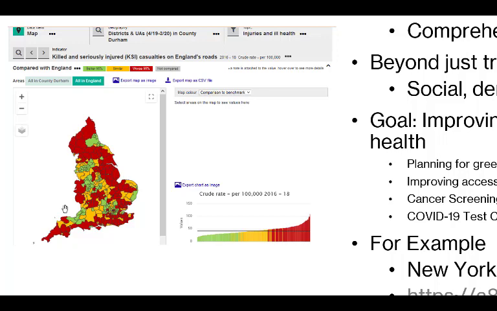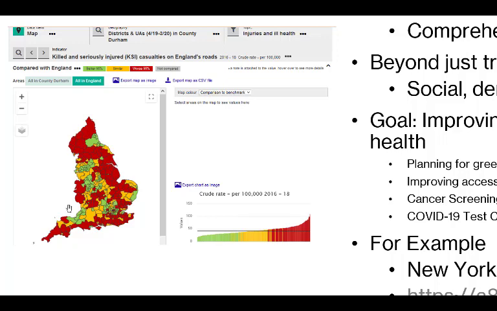So we have areas spread. The areas in red are areas with very high rate. So this gives an indication of places where the outcome in terms of being killed or seriously injured on the road is higher or worse than 95% of other places.